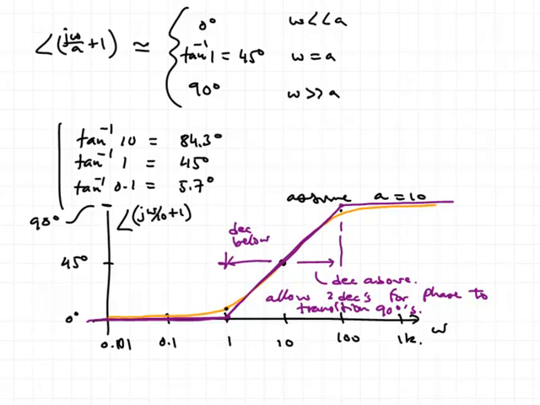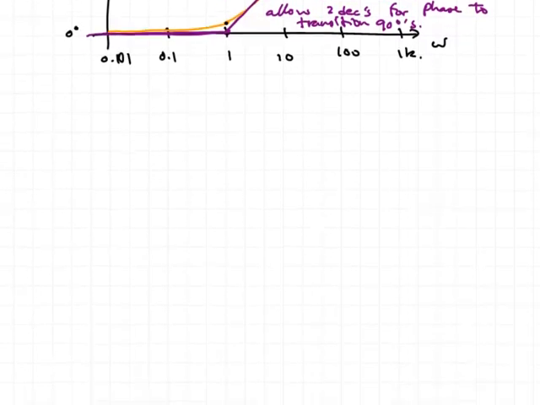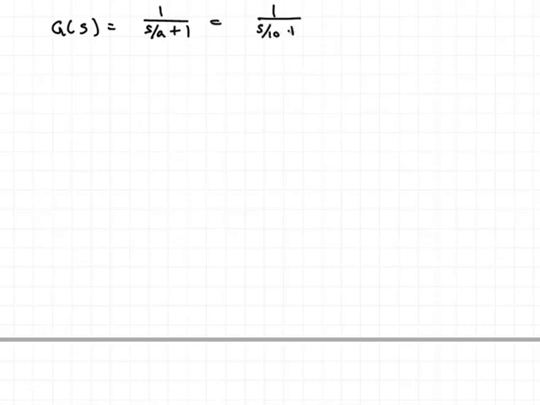Let's now return to the second transfer function we had considered. Okay, g of omega is equal to 1 over, let's just write g of s first. G of s is equal to 1 over s over a plus 1. Let's write it as 1 over s over 10 plus 1.